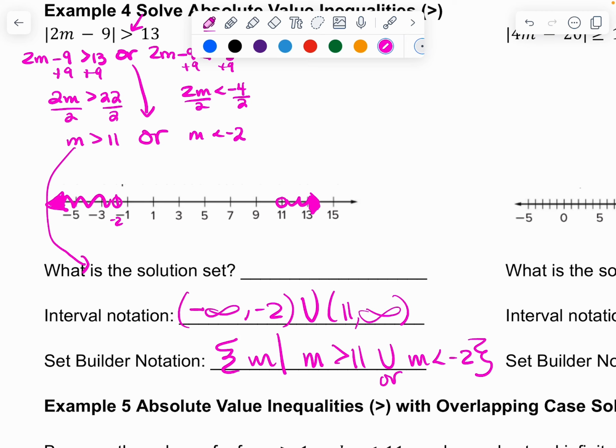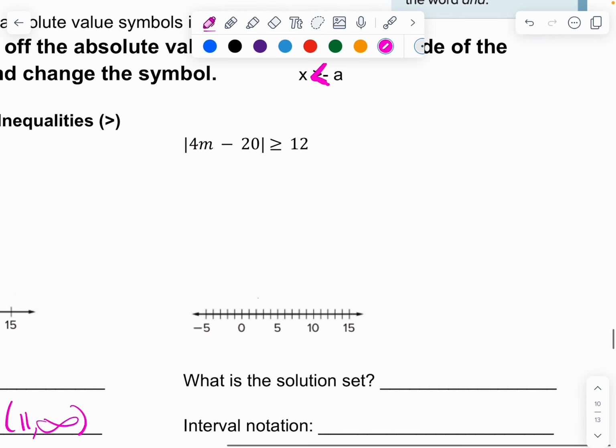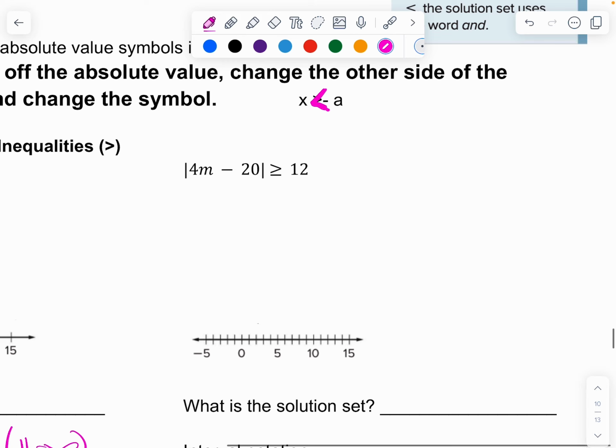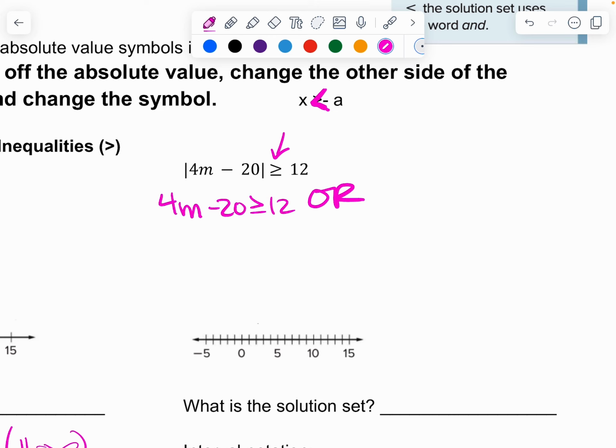Okay, doing the same thing here. This is greater than or equal to, so that means it has an or statement. I take 4m minus 20 greater than or equal to 12, or 4m minus 20 is less than or equal to negative 12.